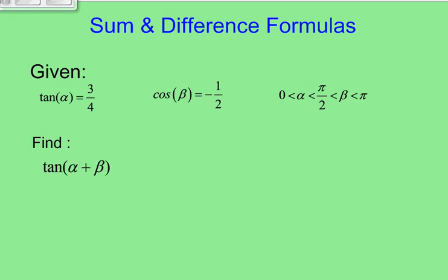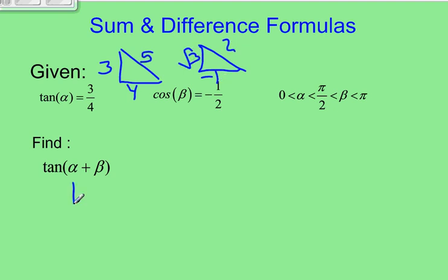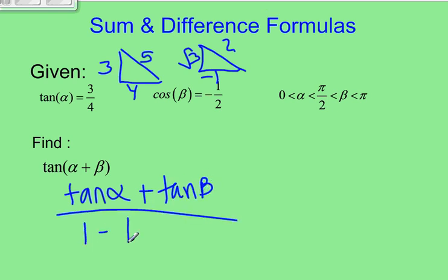Tangent is going to be the slightly more difficult one because, again, we get fractions. Like I said, I like to get rid of the fractions by multiplying, and I will show you that when we get there. So our formula is tangent of alpha plus tangent of beta all over 1 minus tangent alpha tangent beta.